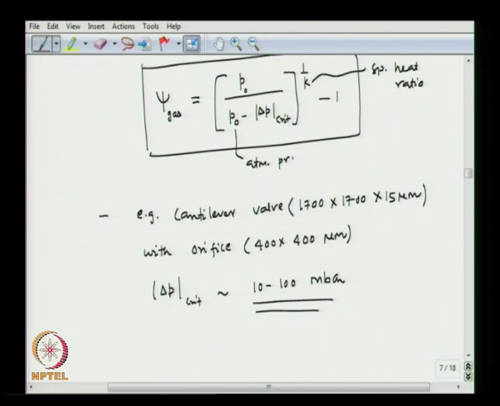Now, if you look at this equation, if you assume that we are talking about low pump frequency and small critical pressure, then you can simplify the expression.